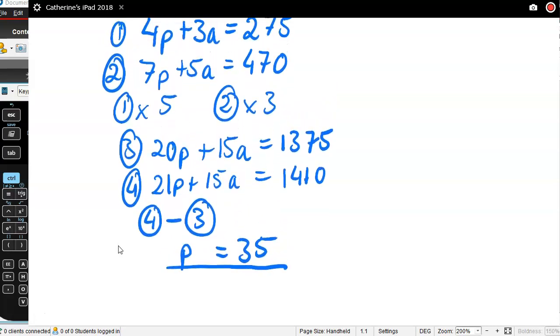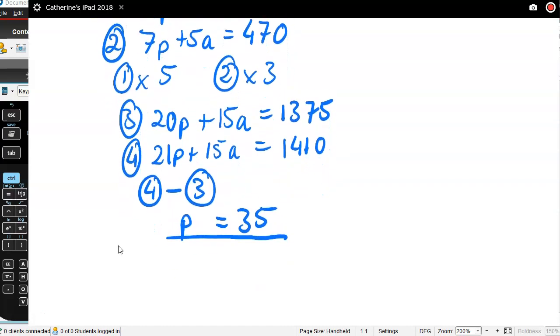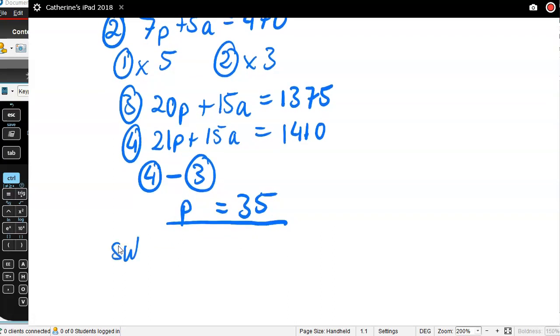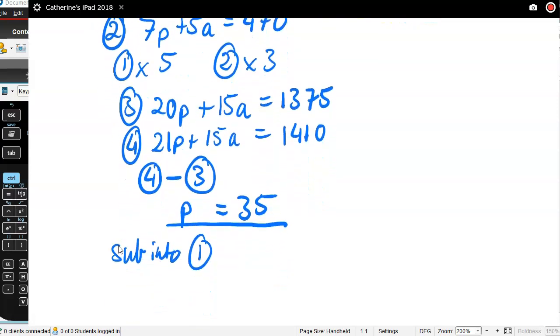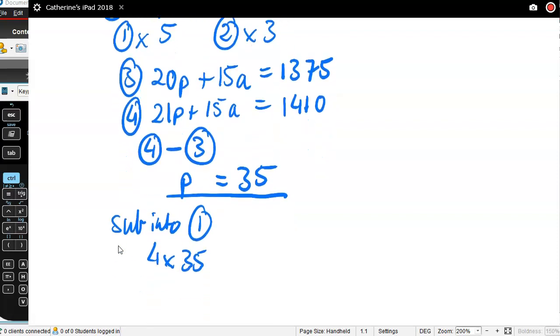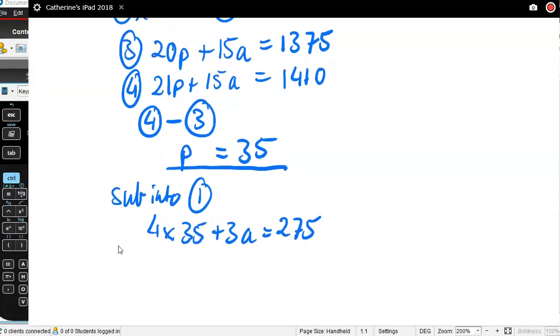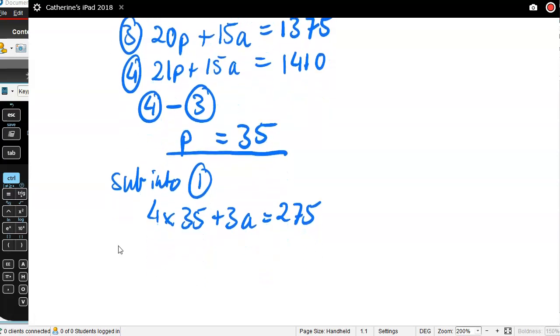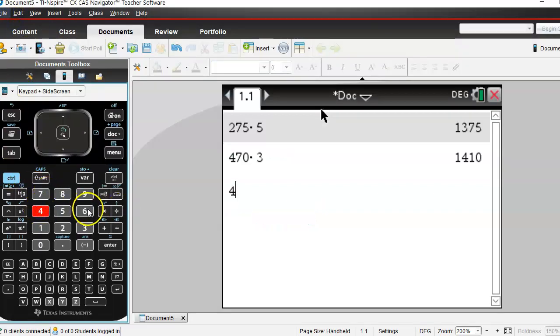Okay, so using that, I can sub into any of my equations. I might sub into equation 1. So 4 times 35 plus 3a equals 275. Not too good at my 35 times tables.